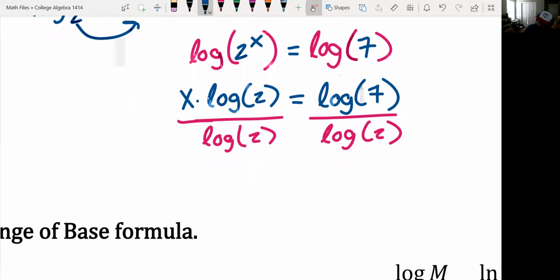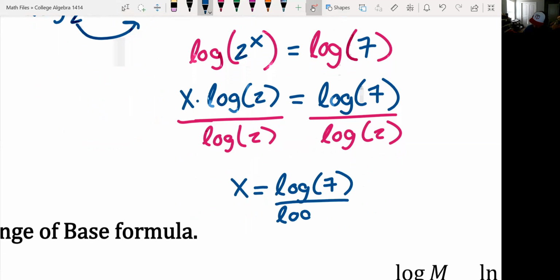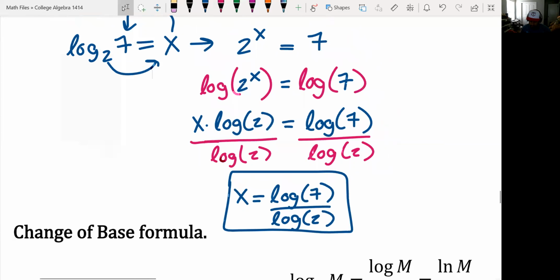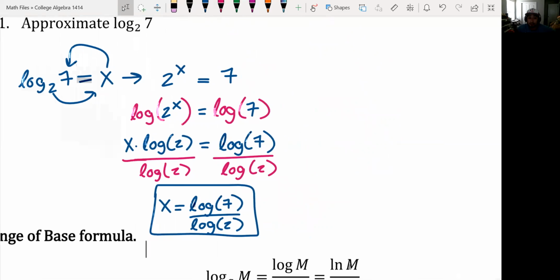And now we will get x equals log 7 over log 2. And then we'll punch it in a calculator. But we don't have to do that now. This is just showing you how to solve for x by converting from log to exponential and then composing with logs on both sides. Don't worry, there's a reason for this.